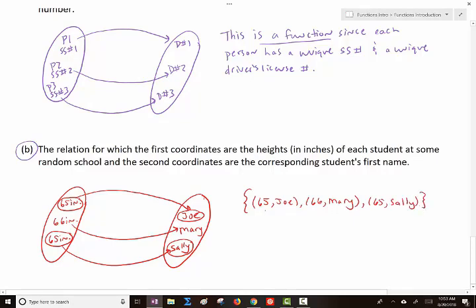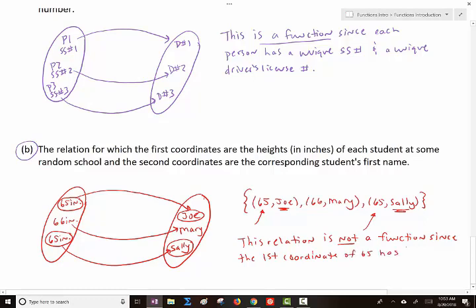As we can see again, the first coordinate of 65 has two different second coordinates, which violates the definition of a function. So this relation is not a function, since the first coordinate of 65 has two different second coordinates.